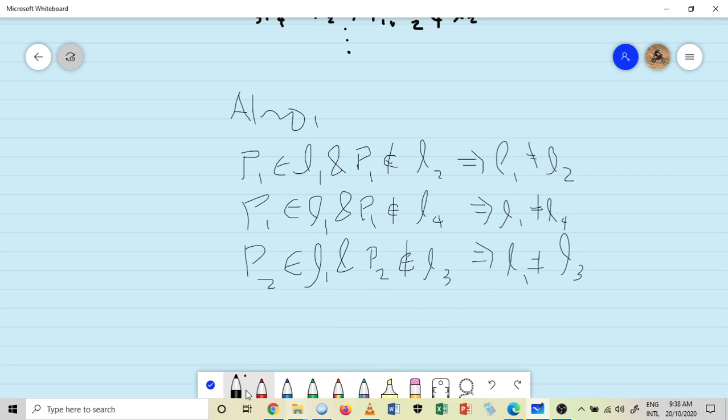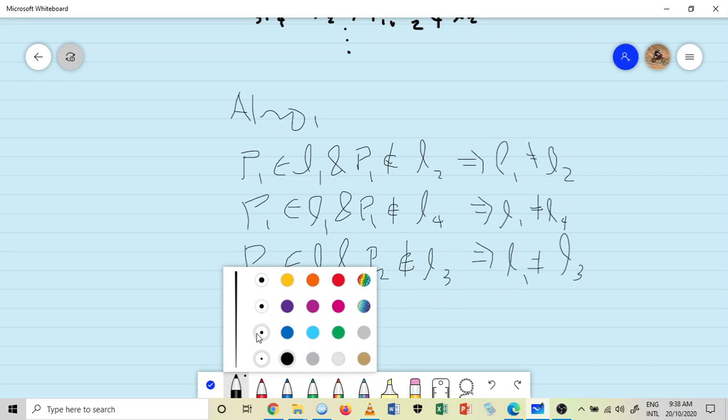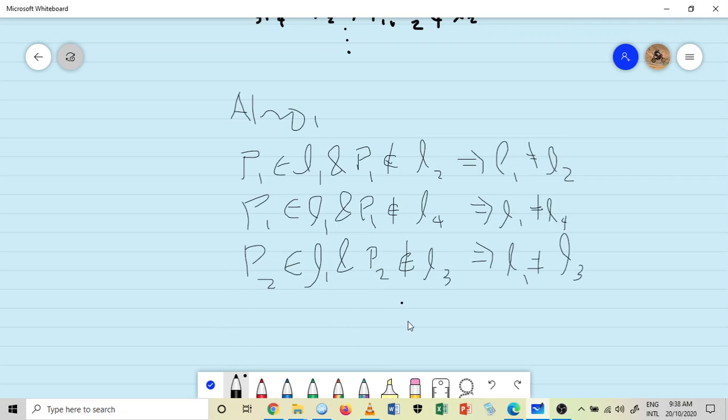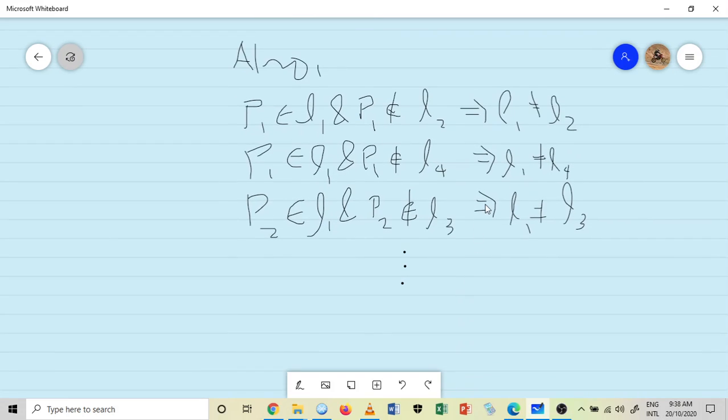Okay, when we do this pairwise, there would be 6 taken 2 number of these pairs, and it would go to show that no two lines are the same.